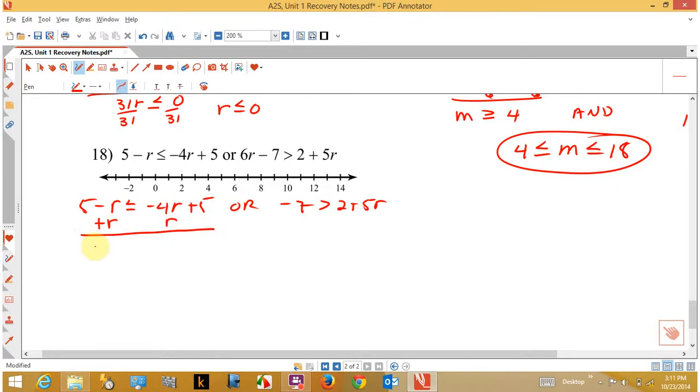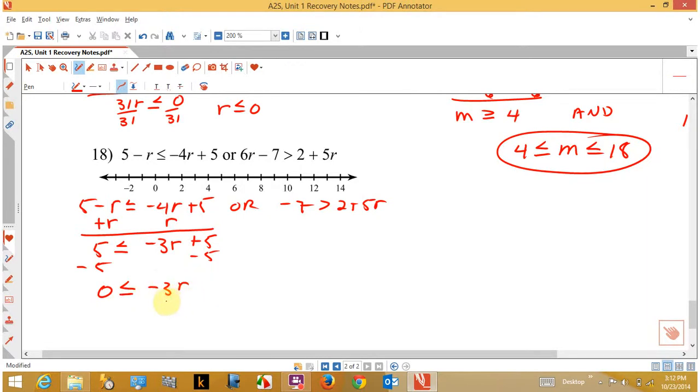So I would have 5 is less than or equal to negative 3r plus 5. Now I'm going to subtract 5, minus 5, minus 5. I get 0 is less than or equal to negative 3r.